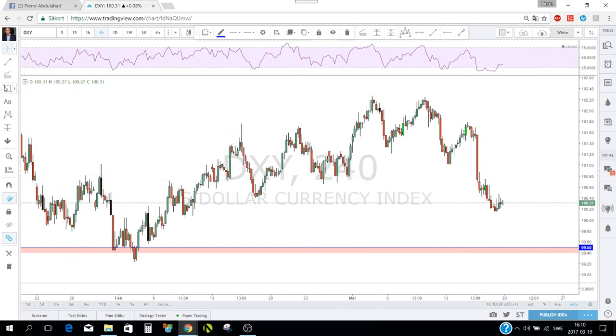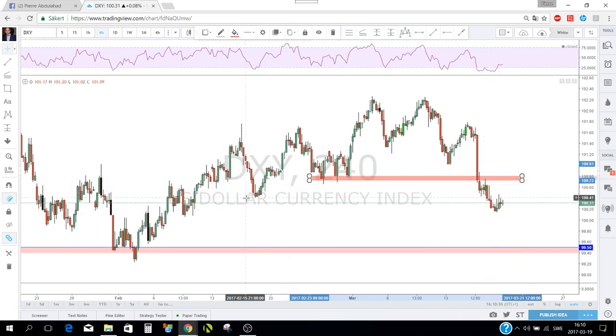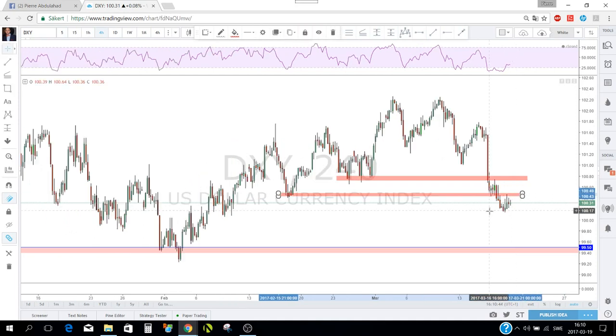As you see, guys, we broke many good structures at this one here. We did a break, a fast retest, and a continuation. We also broke this low here and did a retest on that one too, as you see here.